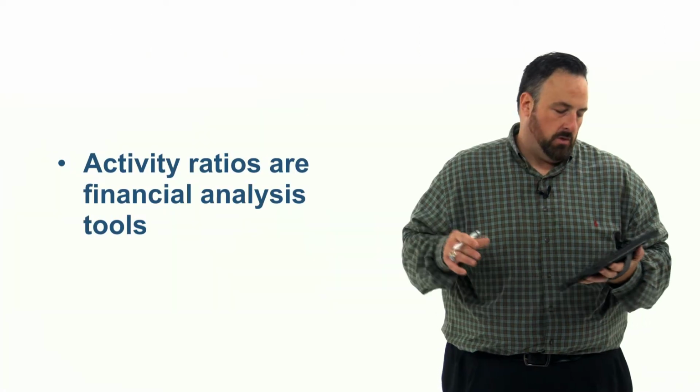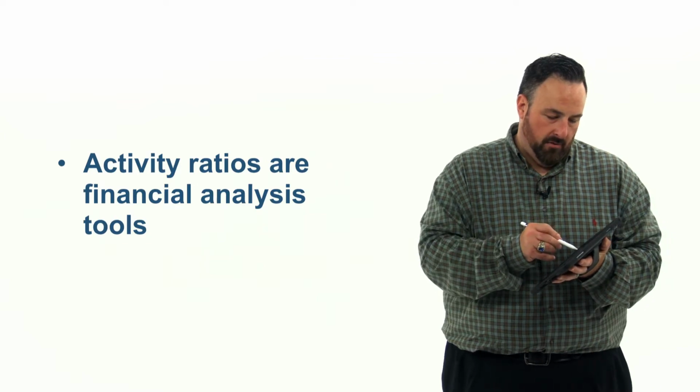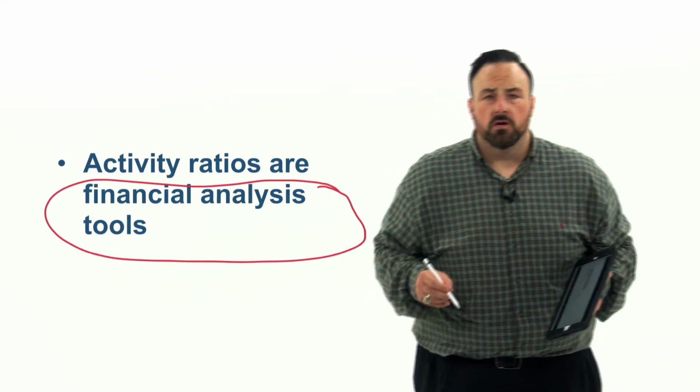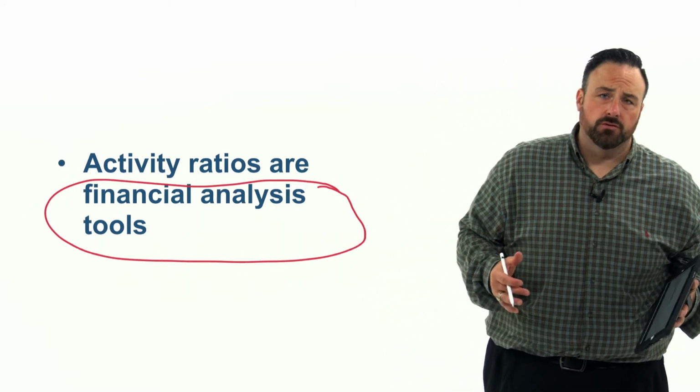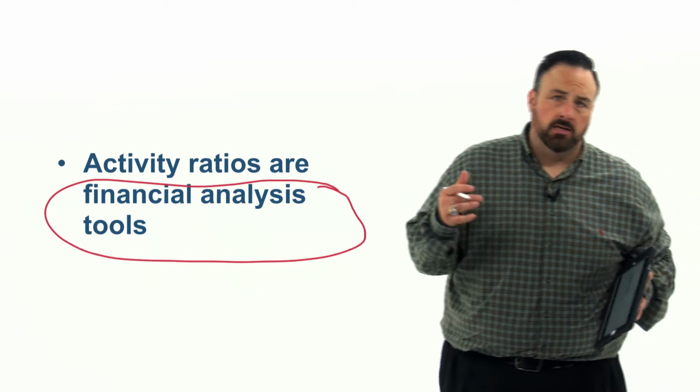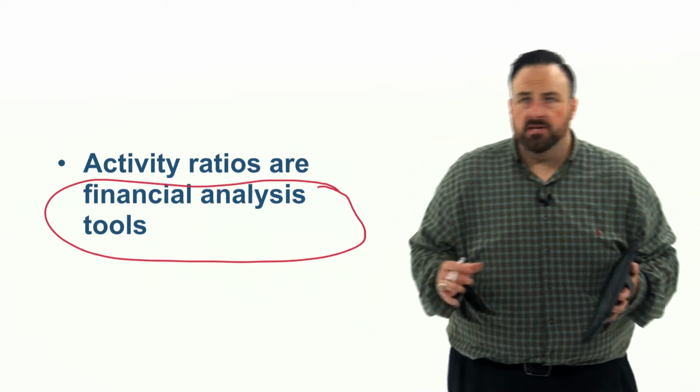So consider activity ratios as financial analysis tools, first and foremost. Now, all ratio analyses are tools, but as you can tell from liquidity and solvency, it's more of ability. This is actually a tool.